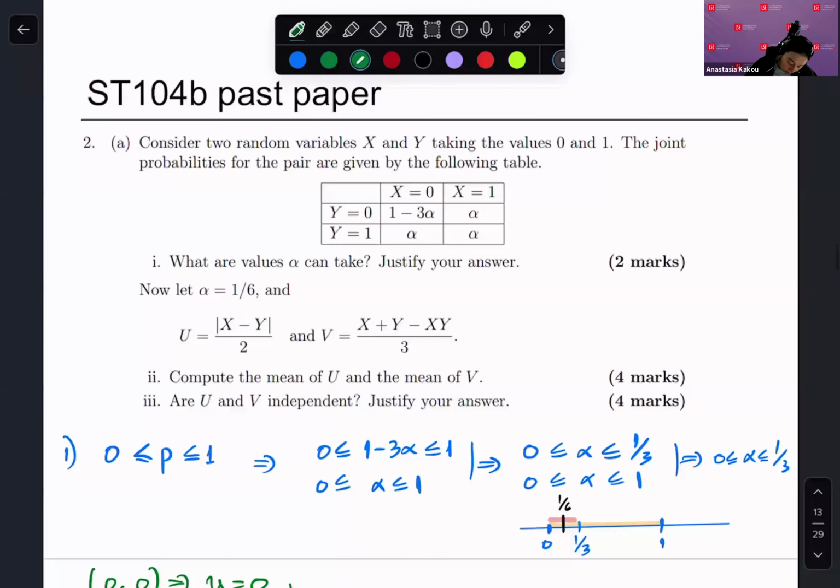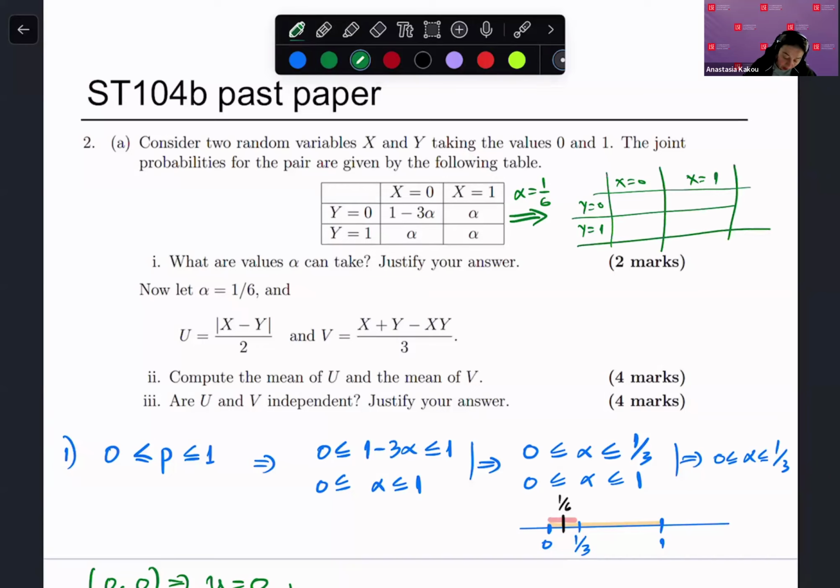You have 0 and 0. Actually, let me write this for alpha equals 1/6. We have x equals 0, x equals 1, y equals 0, y equals 1. So this is the table.